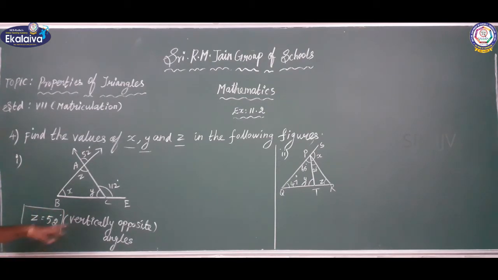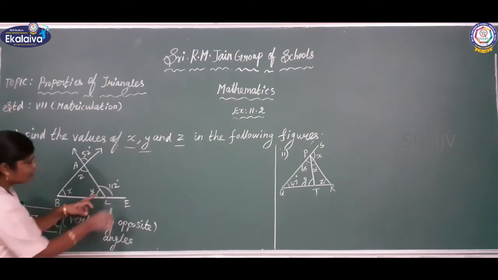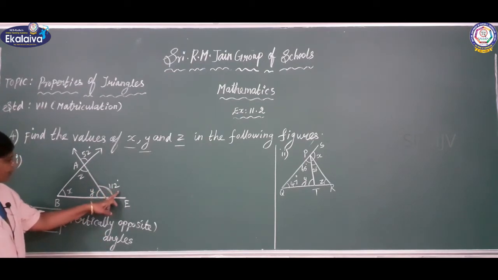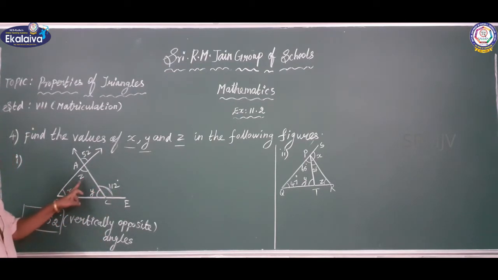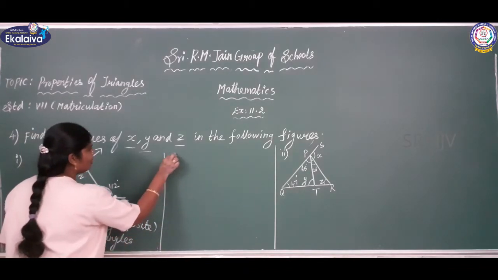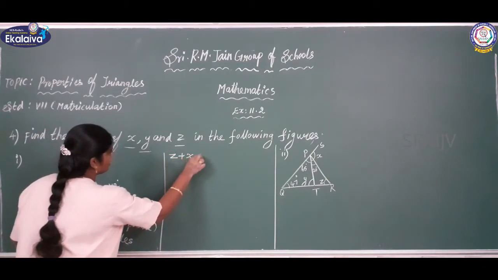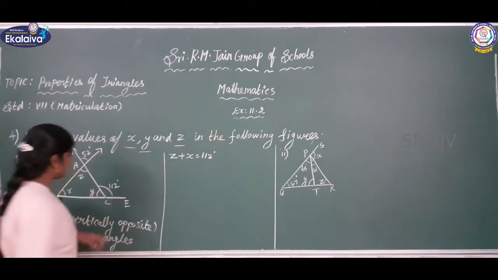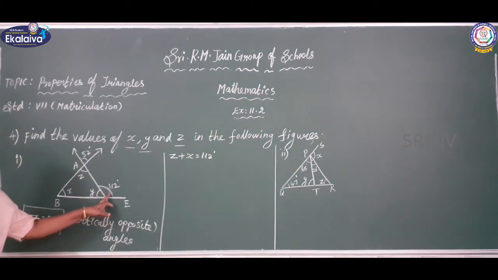And next, see the exterior angle. So 112 equals the opposite interior angles x plus z. Z value we know, so we are going to substitute here. So z plus x equals 112 degrees because the exterior angle is equal to the sum of the two opposite interior angles.